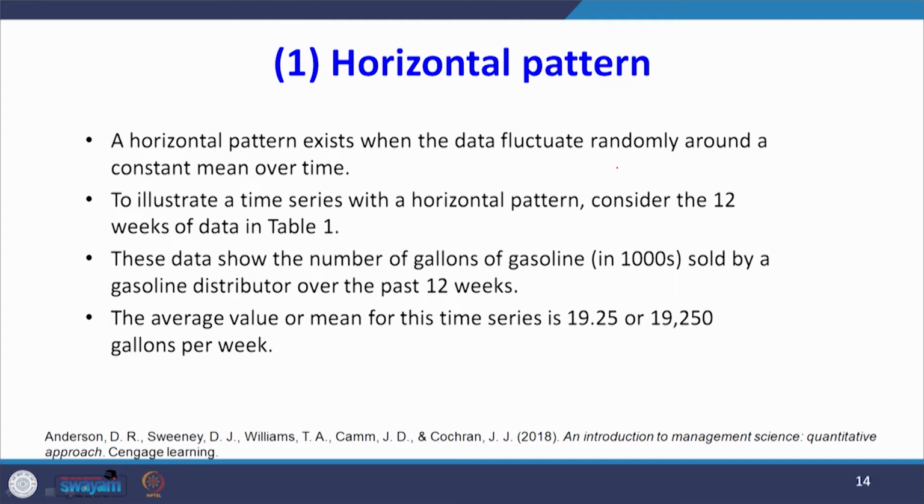To illustrate a time series with a horizontal pattern, consider the 12 weeks of data which I have shown in table 1. These data show the number of gallons of gasoline in terms of 1000 sold by a gasoline distributor over the past 12 weeks. The average value or mean of this time series is 19.25. The actual is 19,250 gallons per week.